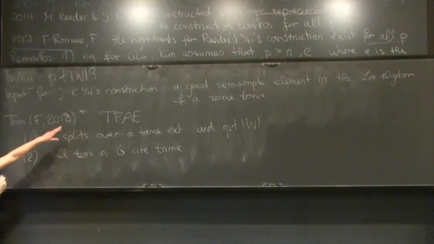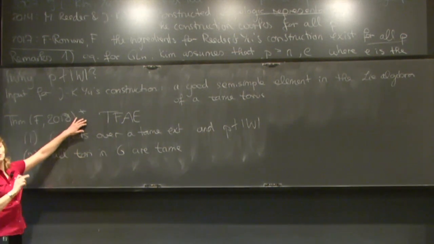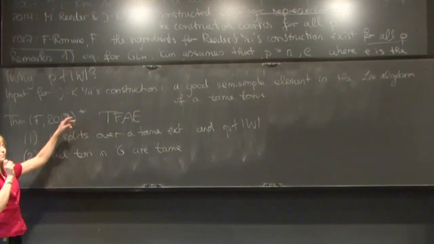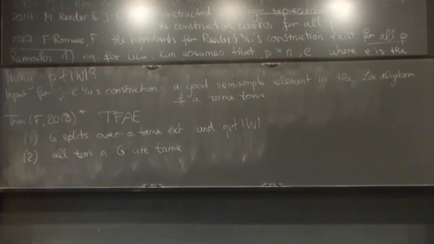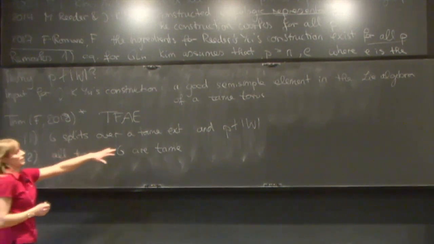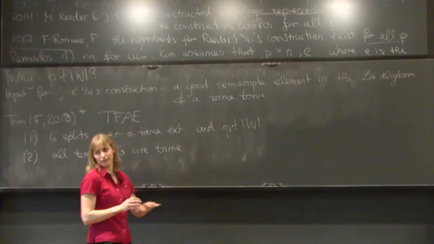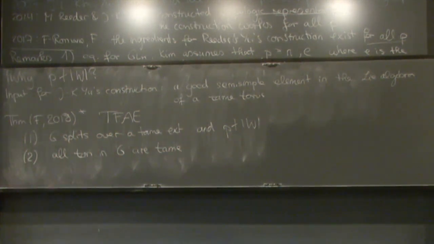I put a little star here because for some non-split inner forms of the split group of type AN, DL, and E6, you have to modify it slightly. You have a slightly weaker condition here, but only for some of the non-split inner forms of a split group.